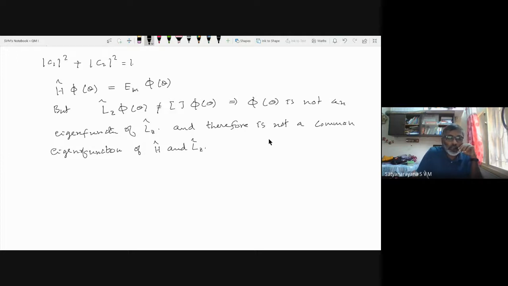In general, in higher dimensional systems, of course this is not a higher dimension, but this is coming even in this case, we have degeneracy in general for energy values.